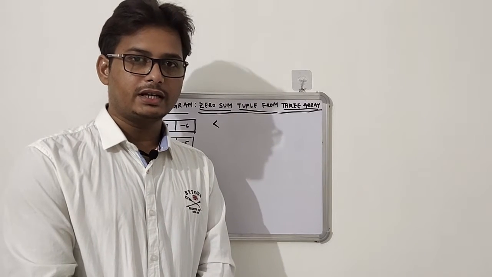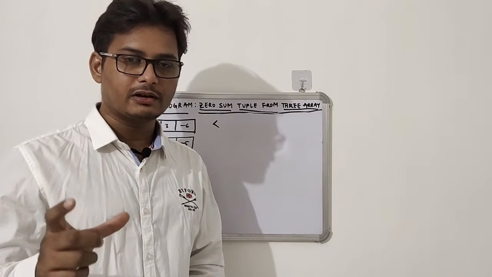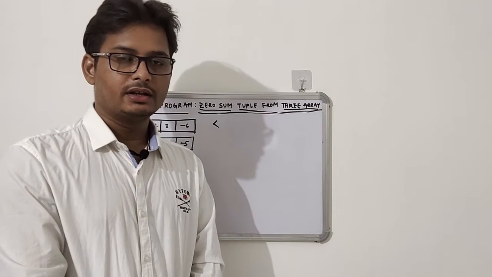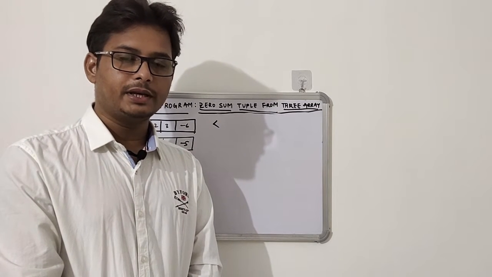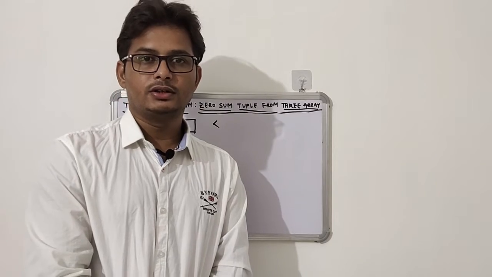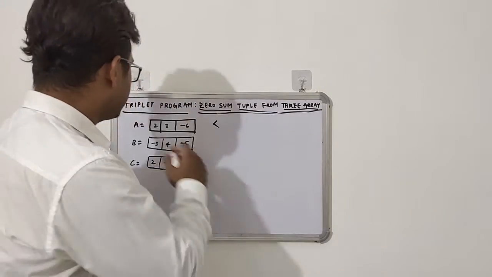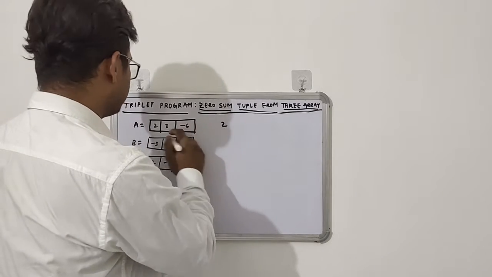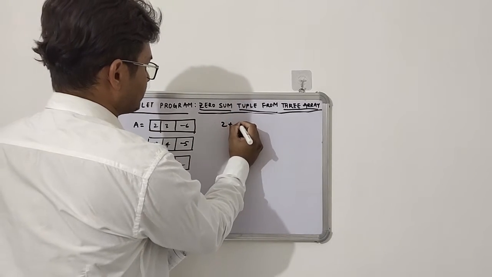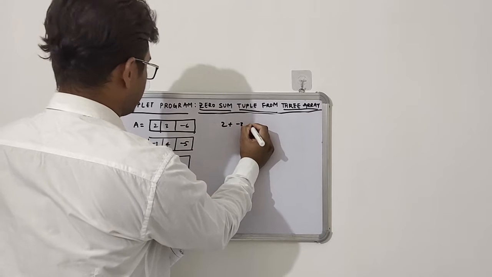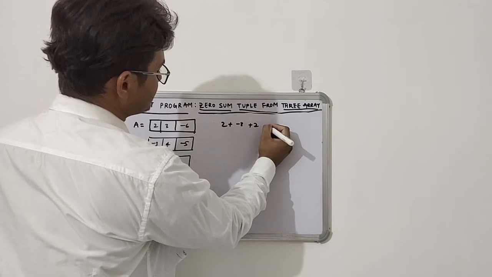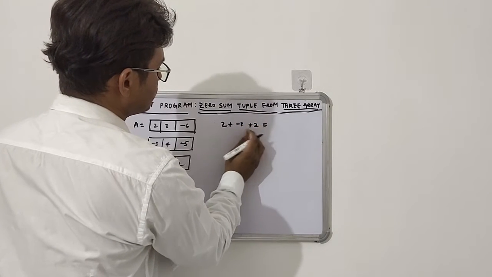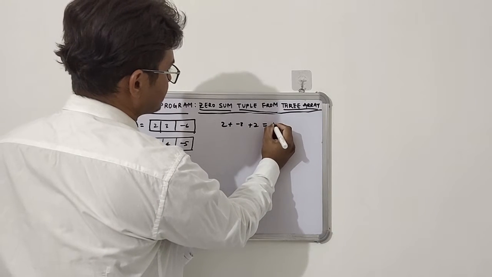Okay, I am going to write all possible combinations of 3 elements, right? And then I will pick the total number of tuples. Okay, let me write. I will first take all the possible combinations, 2 plus minus 3 plus 2. Is it 0? No, it is 1. Now 2 plus 4 minus 3, this is 1.